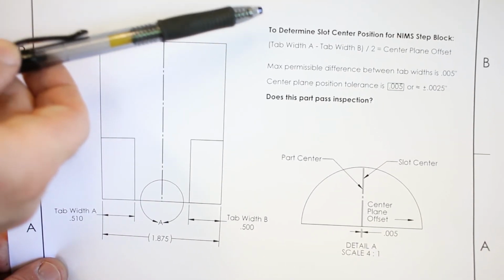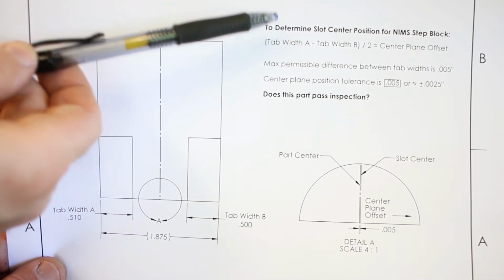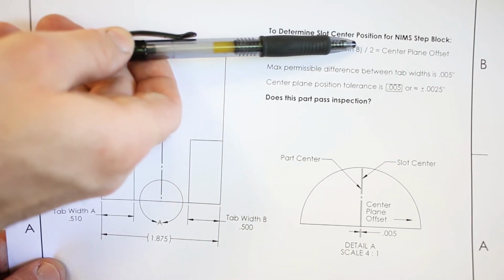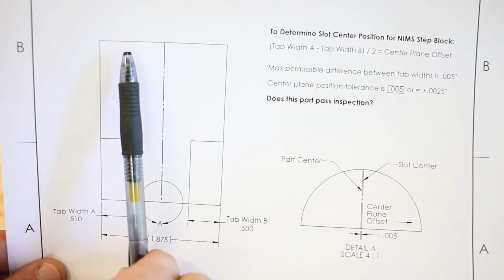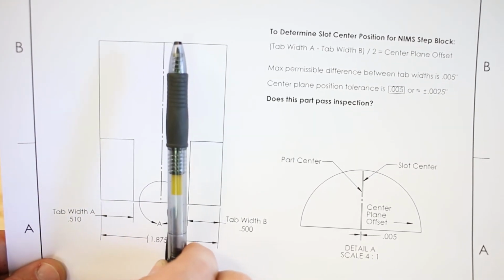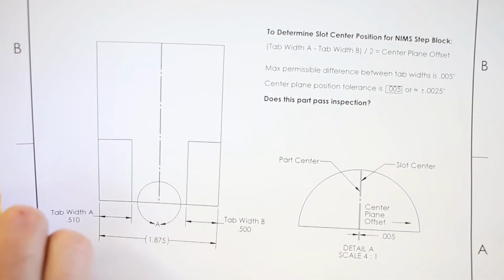So in short, take the difference between the two tab widths and then divide that by 2, and that's the center plane offset, okay? So that's how far the center plane of the slot is from the center plane of the part.